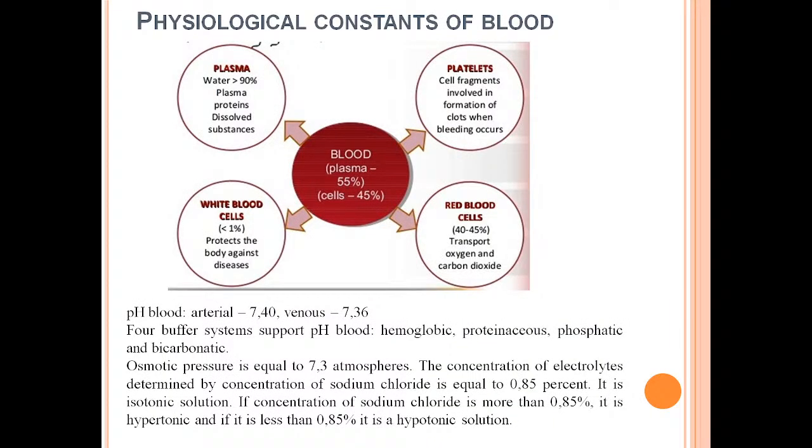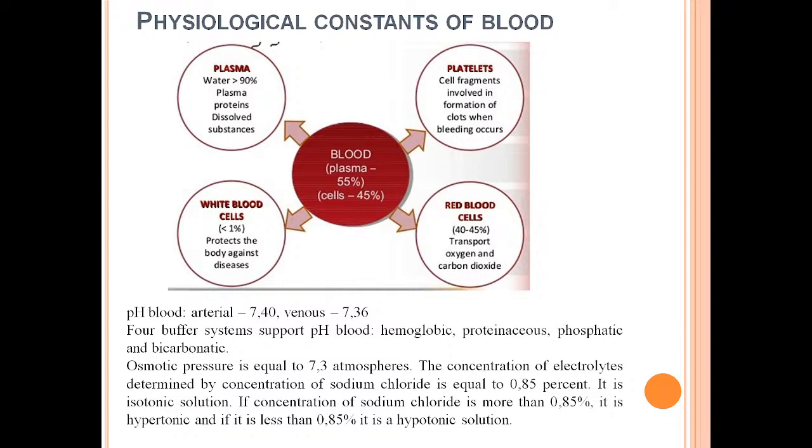The next question, physiological constants of blood. Quantity of formed elements: erythrocytes 4.5 to 5.5 times 10 to the 12th per liter.